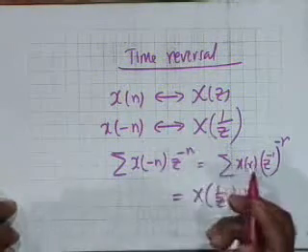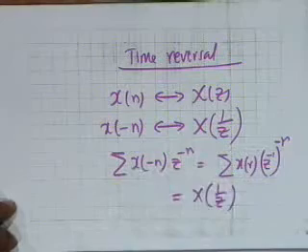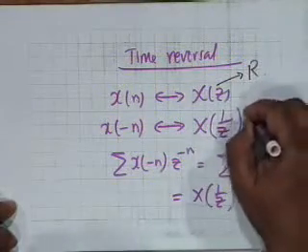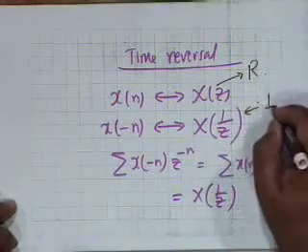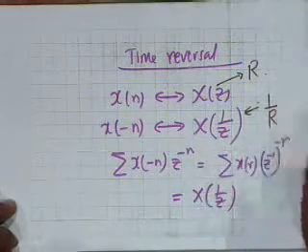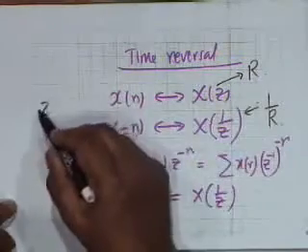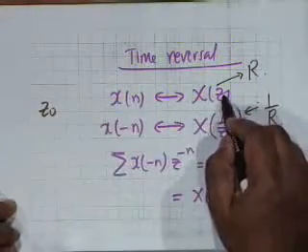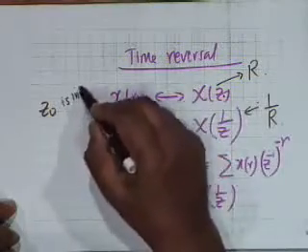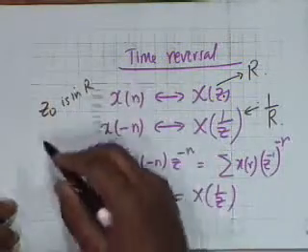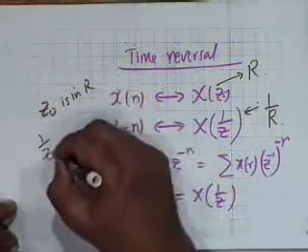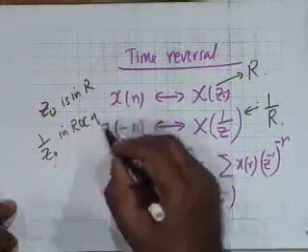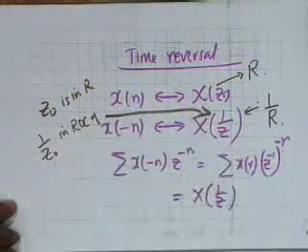This means, as far as ROC is concerned, if the ROC of this be R, then what about the ROC of this? 1 by R. That is correct. Which means that if z naught is a point in the ROC of capital X of z, z naught is in R, then 1 over z naught shall be in the ROC of X of 1 by z.